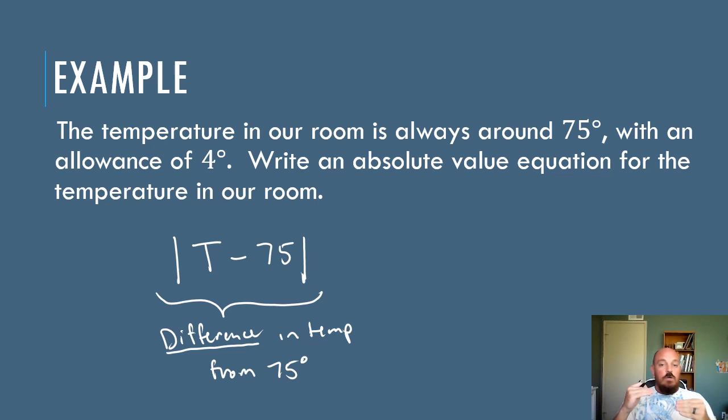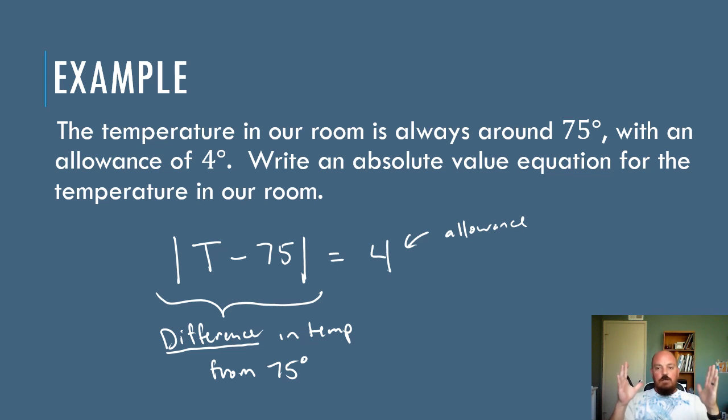But if we're lower than 75 degrees, so let's say we're at 72 degrees, 72 minus 75 is going to be a negative number. But see, it doesn't matter, that's what we use the absolute value for. So we're going to say this thing equals 4.